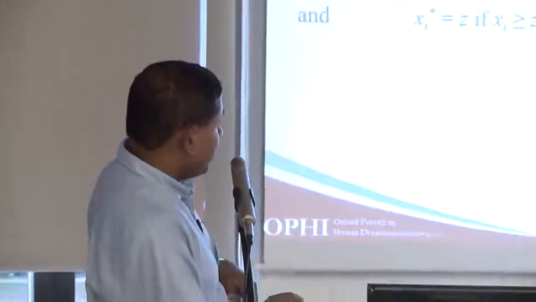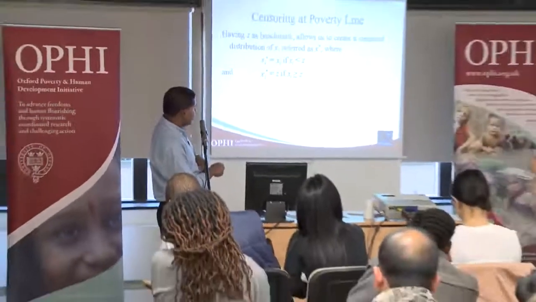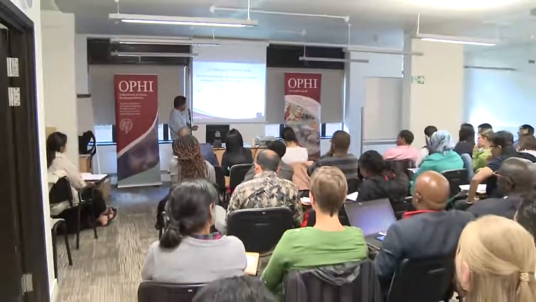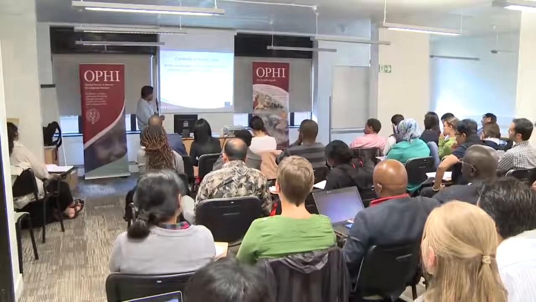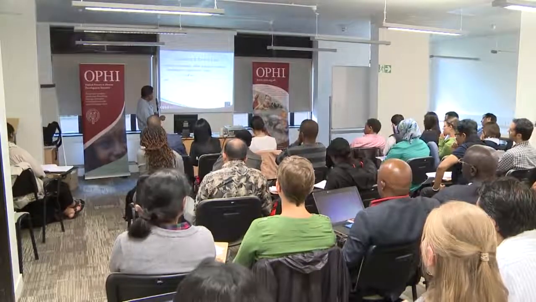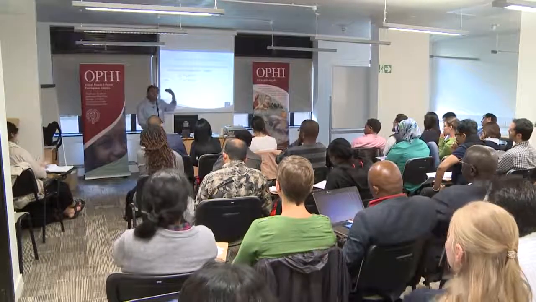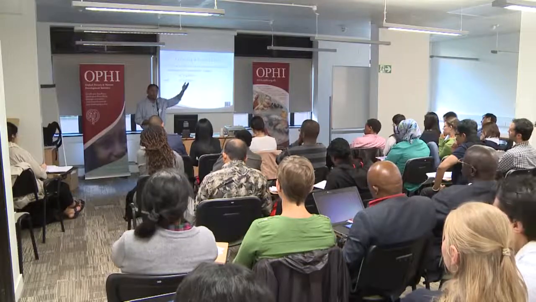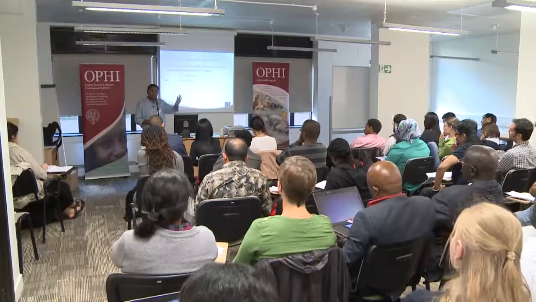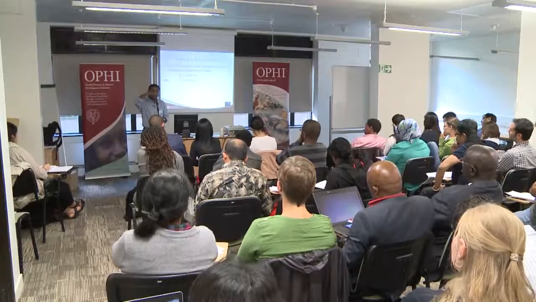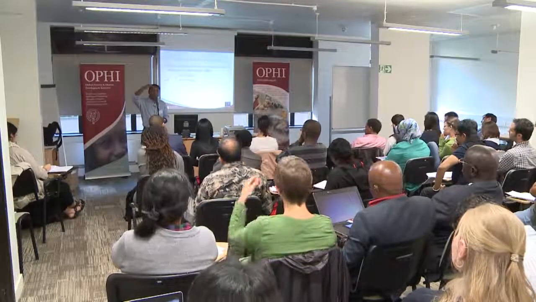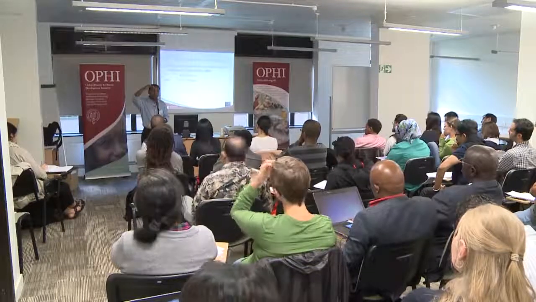So this is the idea. Here you retain the total achievement or income of those who are below the poverty line and replace it by Z for those who are at or above the poverty line. This is called censoring. So you have a distribution which goes like this, but then it should stop. Okay?